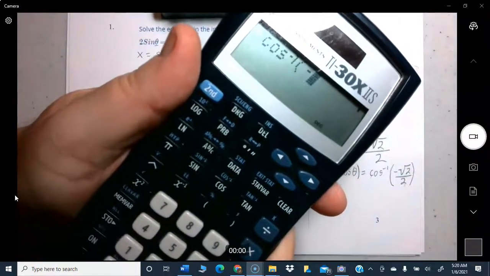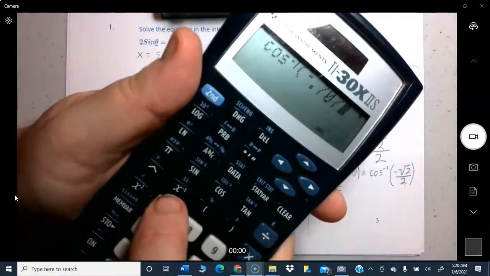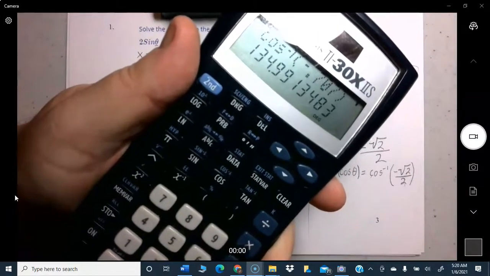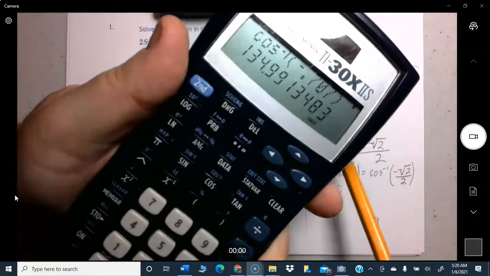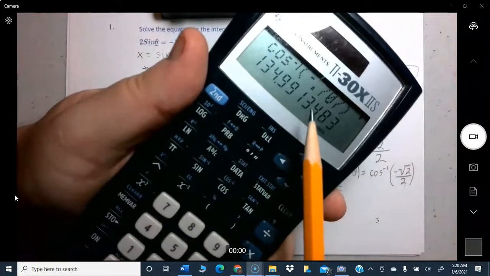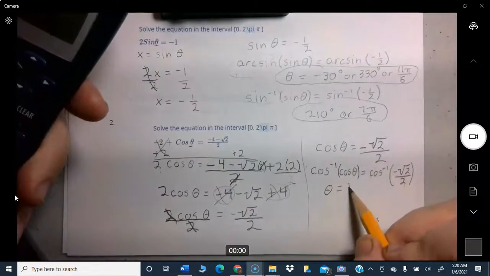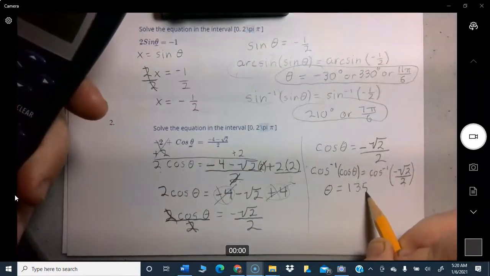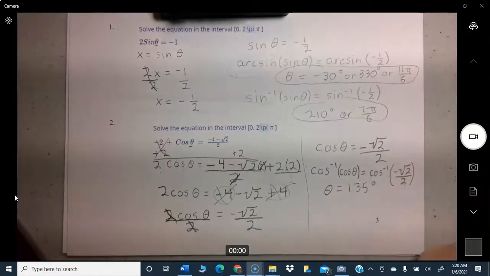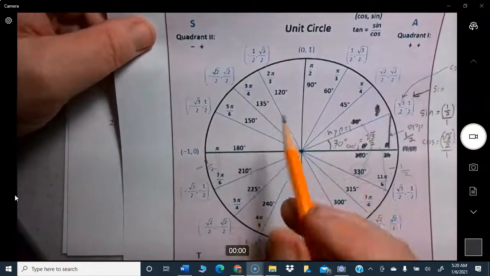So it's negative 0.707, and I'm going to leave off all those other digits. That's okay. And that gives me 134.99, which really means 135, okay? So that's going to be 135 degrees. And if we come over here, there's 135.